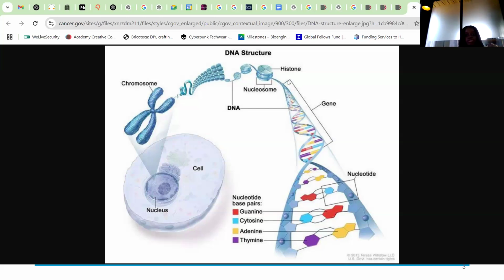We would have long stretches of nucleotide base pairs, joined together by other molecules as well. Along these long stretches, a group of them can be seen as genes. And these genes are really the things which go on to code for other things like proteins and things that the body needs.